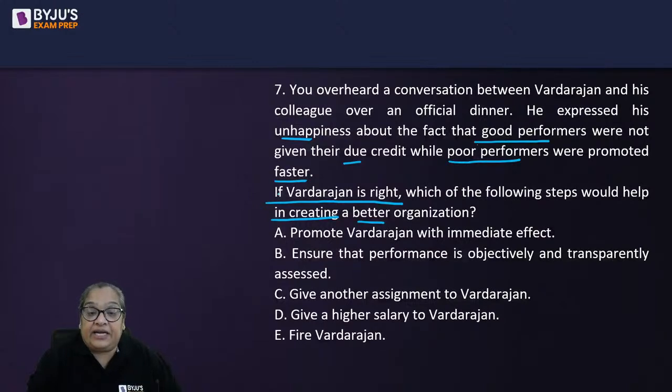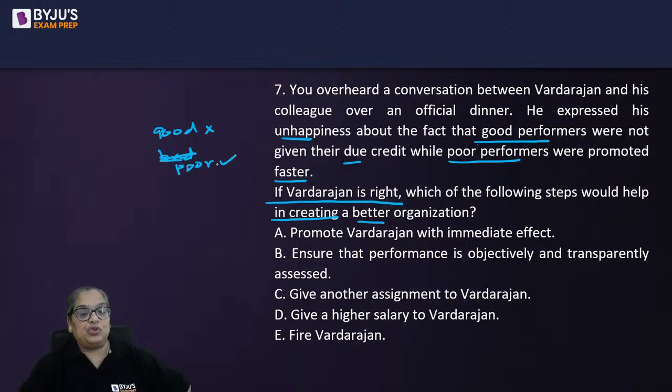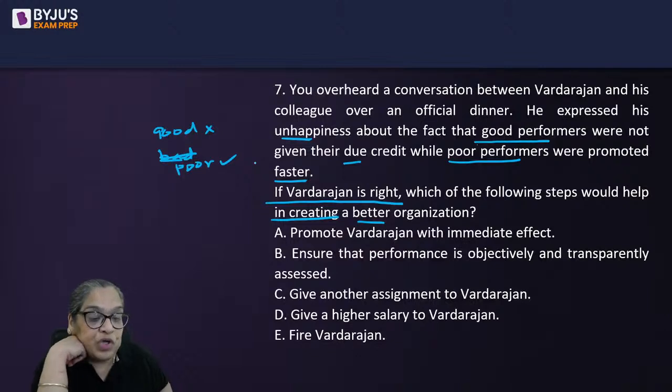Promote him, fire him, or ensure that performance is objectively and transparently assessed. Assuming he is correct, he said that good performers are not promoted, poor performers are promoted. So what should be done? Obviously in your entire promotion criteria, something is wrong.